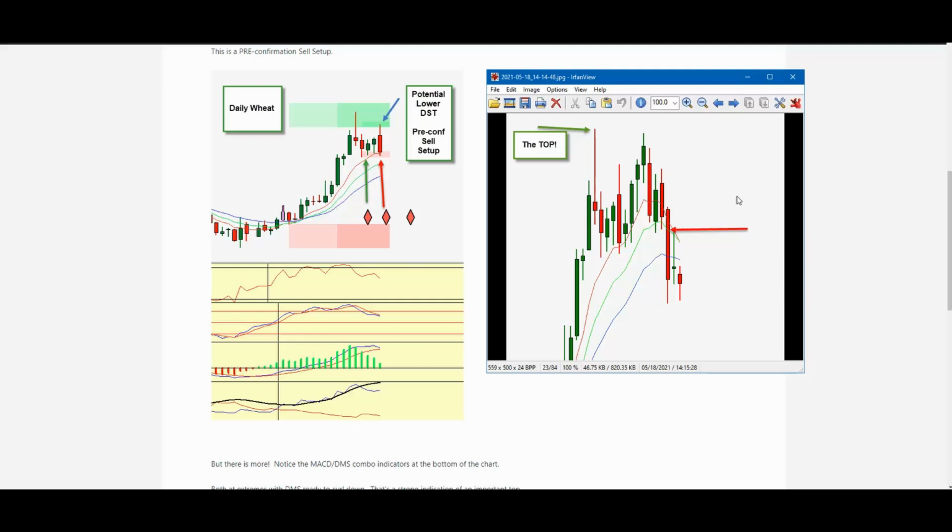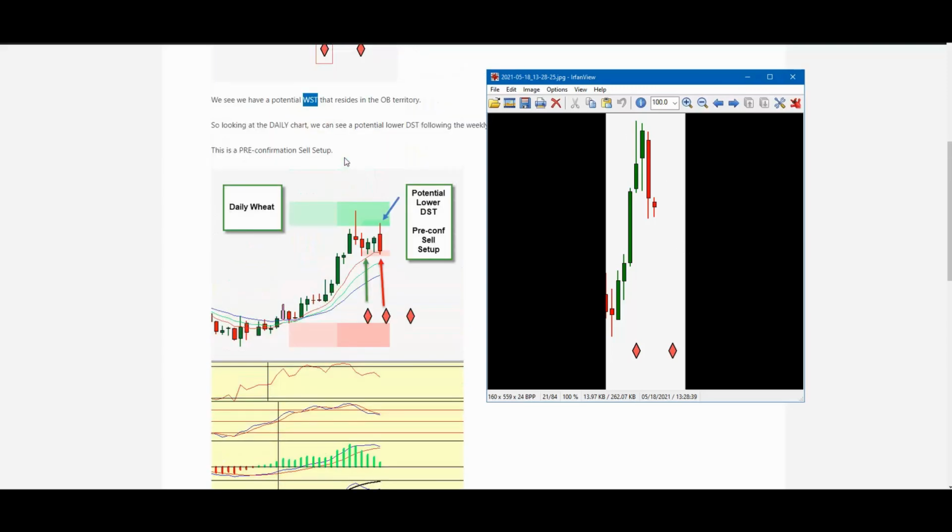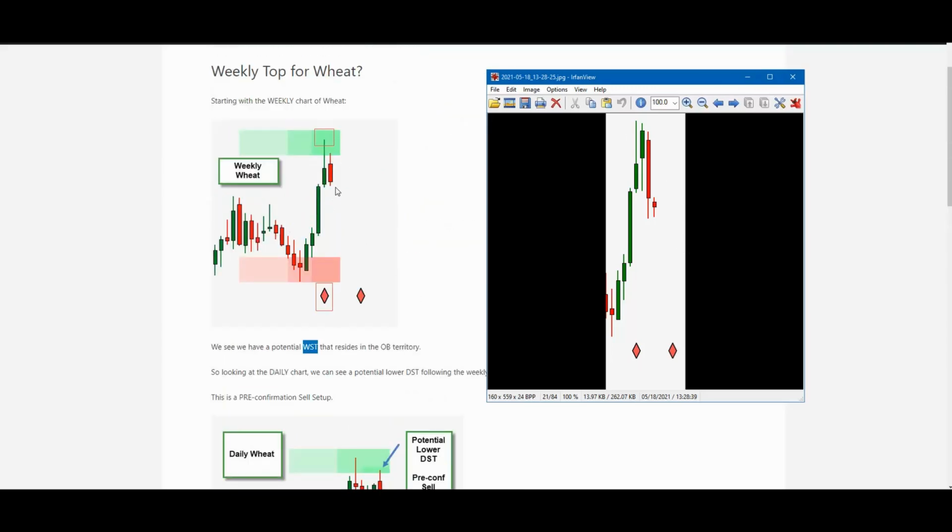Okay, so what's really cool is that if you'll notice, that's this right here, and that held as a weekly swing top, and prices moved down to confirm that, which is here, same thing, as a weekly swing top.